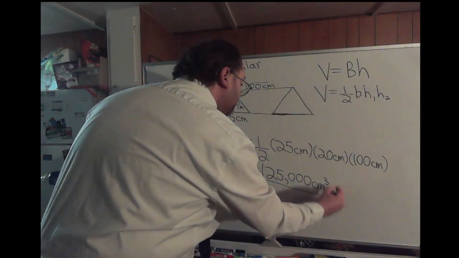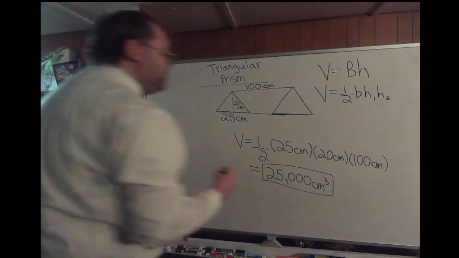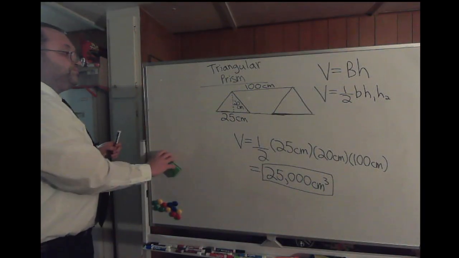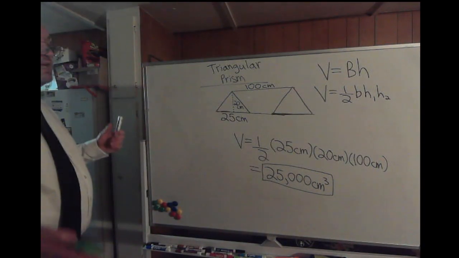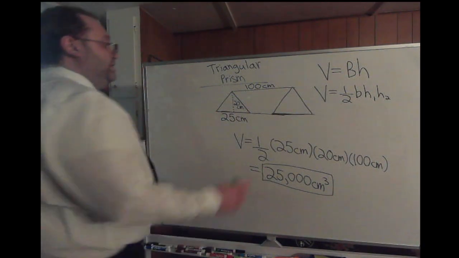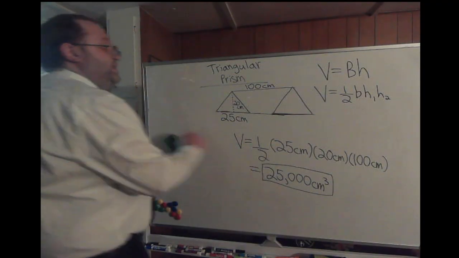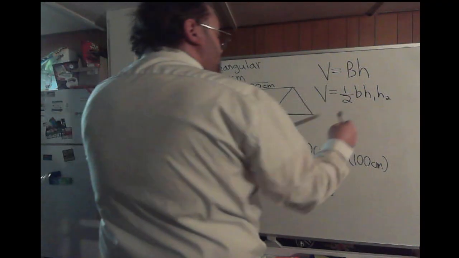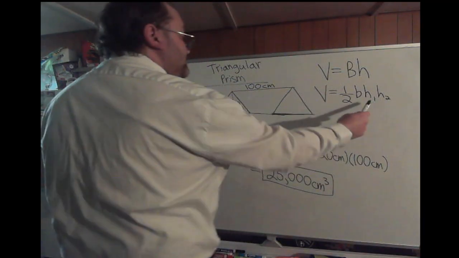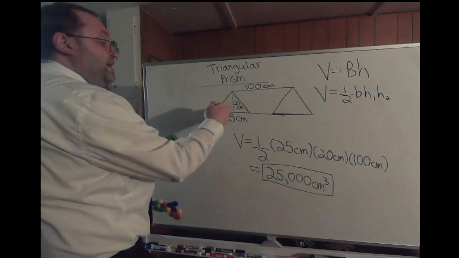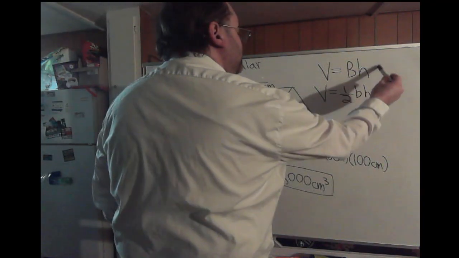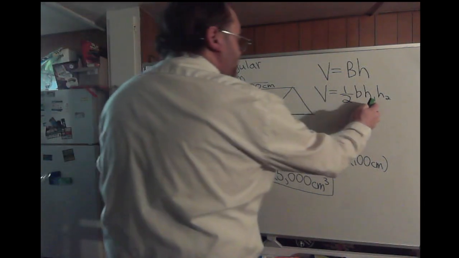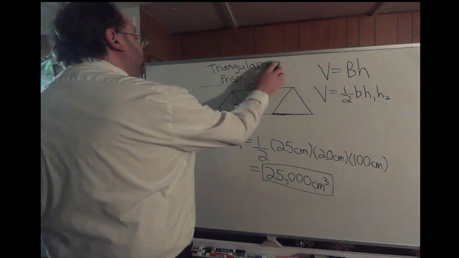So the volume of this triangular prism is 25,000 cubic centimeters. So that's really all there is to prisms: just find the area of the base, which in this case is 1/2 of the base times the height of just that one triangular face of the prism, times the height of the whole prism. Thus I denoted H1 and H2.